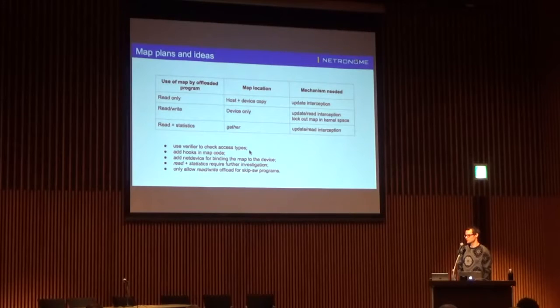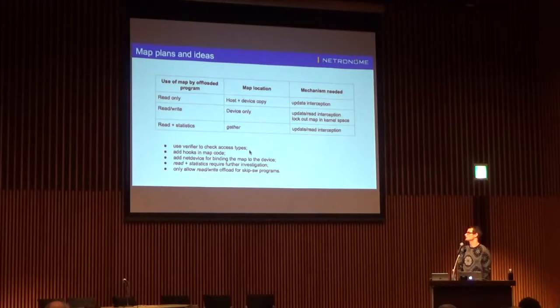And if any other eBPF program is trying to attach to the map in kernel space, we'll just refuse that. Because that can cause changes in behavior that may be unexpected to the user, we will only do the read-write offloads when the user is specifically asking for hardware only. So setting the skip software flag in TC.